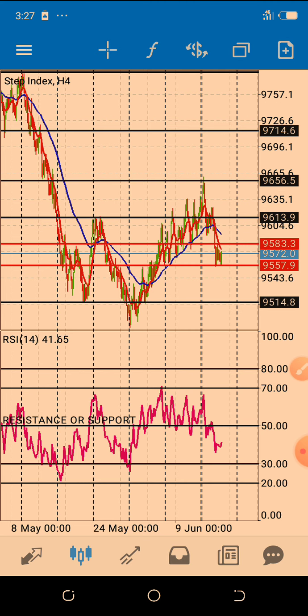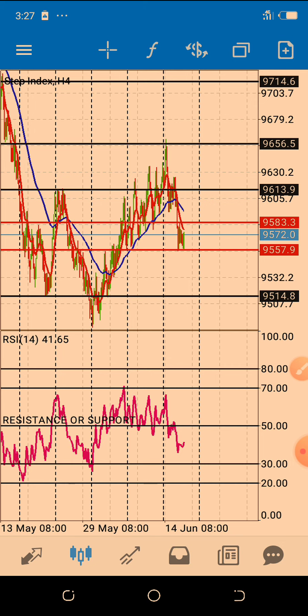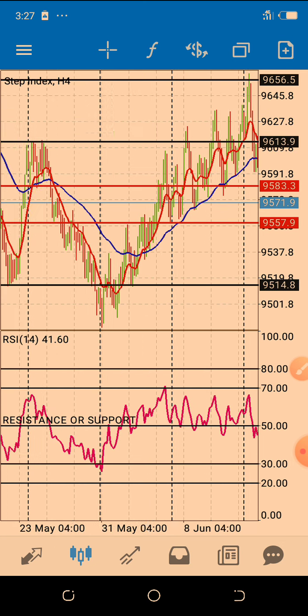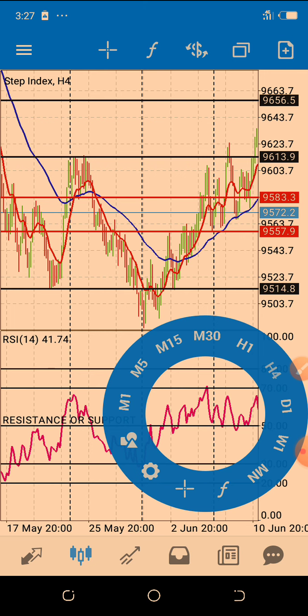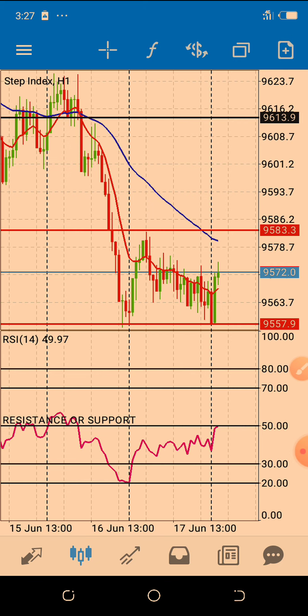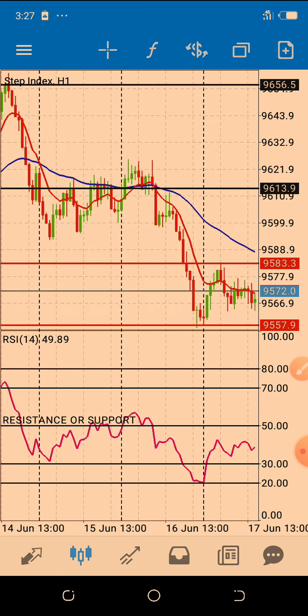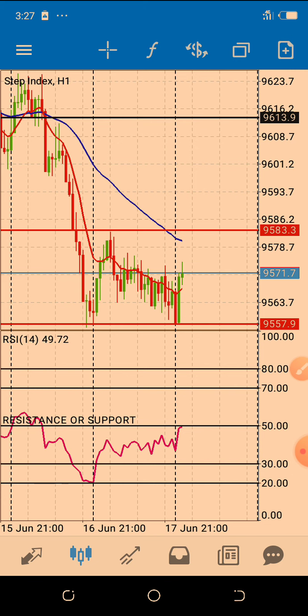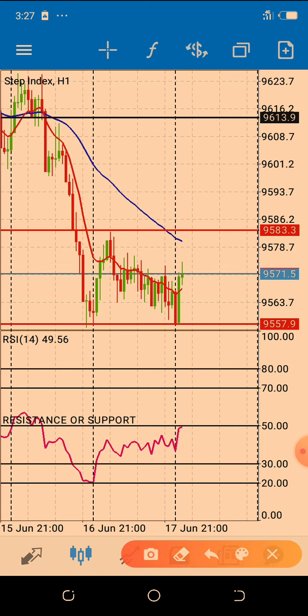Haven't drawn this on my 4 hour. When it's game time, I go right into my 1 hour. First of all, I check my 1 hour. On the 1 hour, if price breaks this red daily high, then we expect price to do something like this and go to this area of the black line.